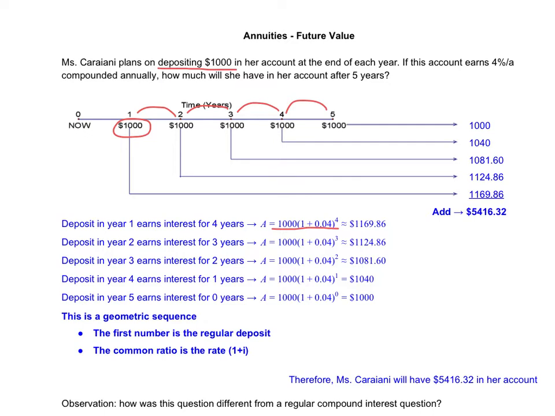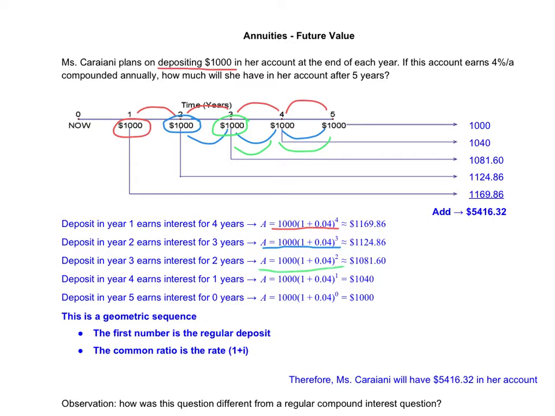But the deposit that I add in the second year is only going for 1, 2, 3 years of interest. So here is its formula. That second deposit will be worth $1,124 versus the first year, because it was invested for a longer period of time, it got a bit of extra interest. Then in the third year, I'm only getting interest added for 2 years.